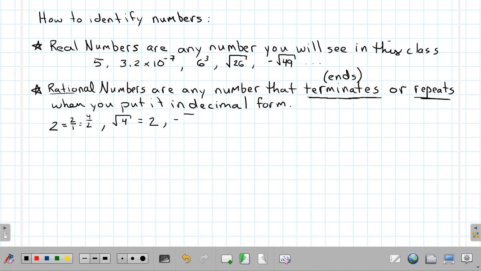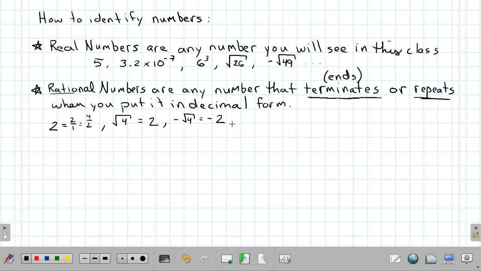What about negative square root of 4? Well, if we have the negative square root of 4, that number is negative 2. And even though the number is negative, it still terminates, okay? So that means we can write this as a fraction. Once again, negative 2 over 1, negative 4 over 2, 8 over negative 4, okay? So we can write it as a fraction or as a ratio.